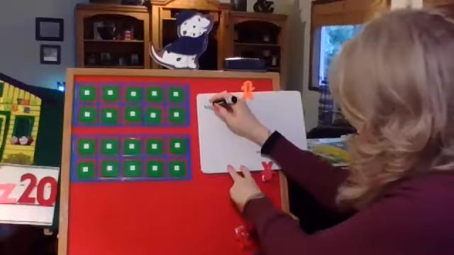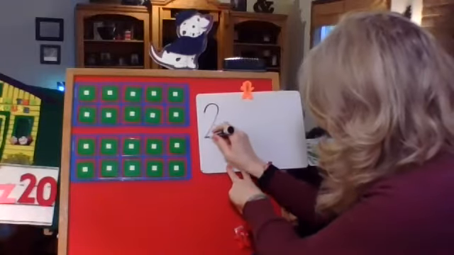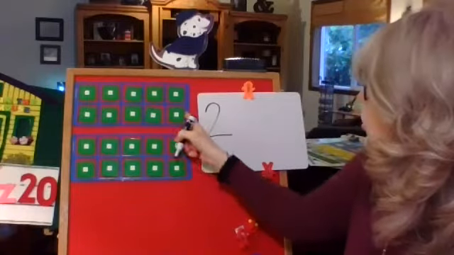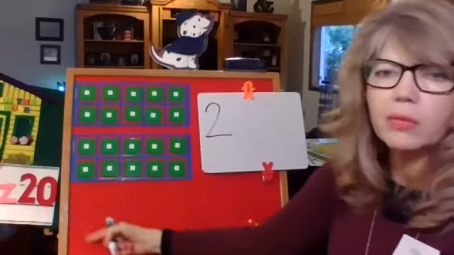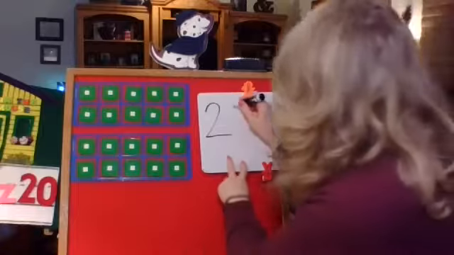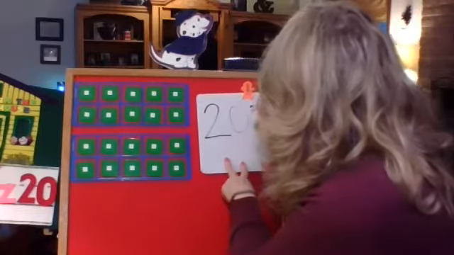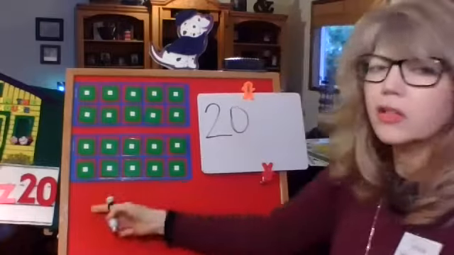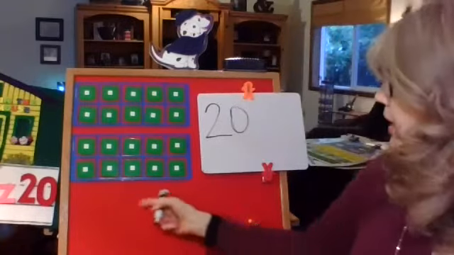So in a 2-digit number, my first number shows me how many 10s I have. So I have 2 10s. Do I have any ones down here hanging out by themselves? Nope, I have 0 ones. So the 0 stands for how many extra ones I have. I don't have any extras.